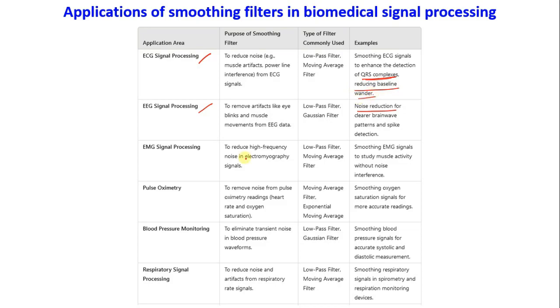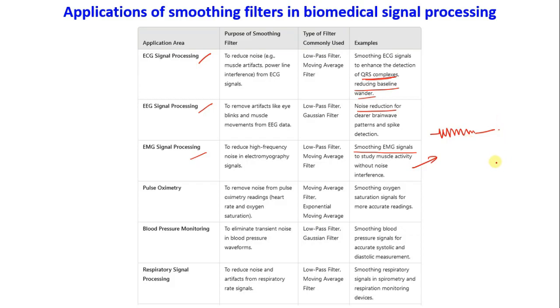In EMG signal processing, it helps us in smoothing the EMG signals to study muscle activity without noise interference. So what happens over here is that, in EMG, you must have seen you are getting some signals like this. Usually, do we analyze the signal in this format?